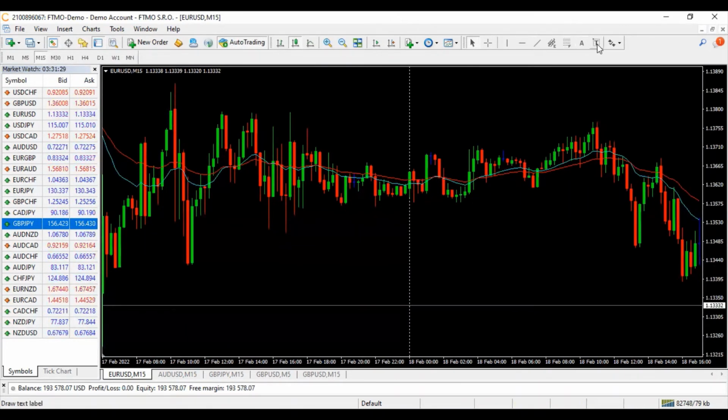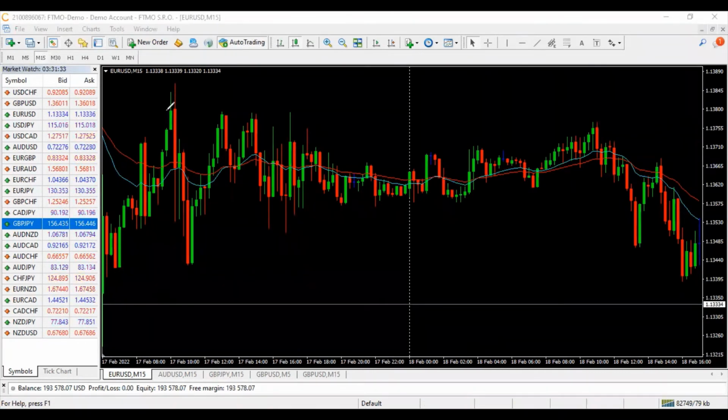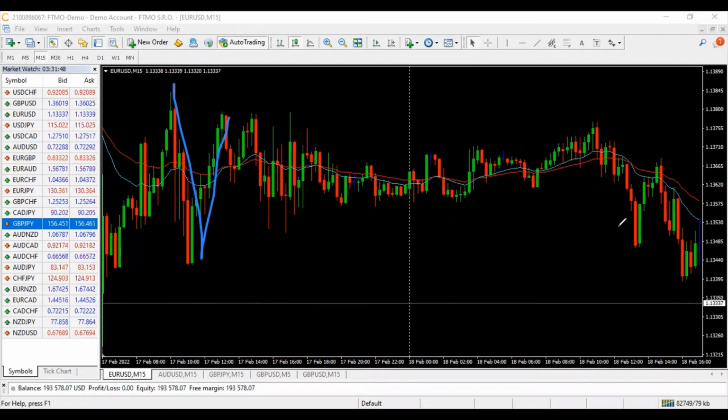This is a sell, surely a sell trend. Low, high, then low.